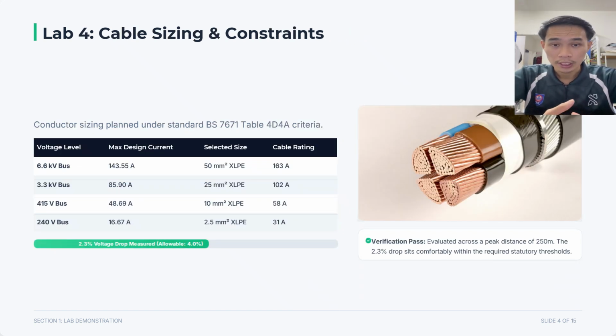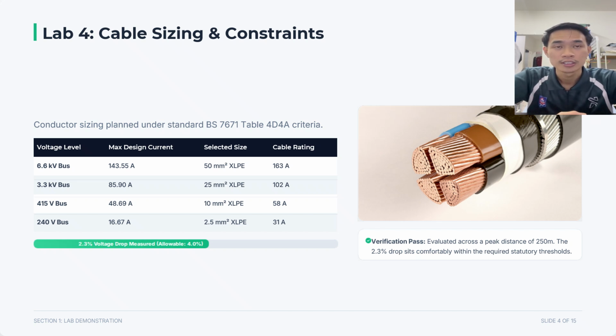Next I will explain Lab 4. In Lab 4 we sized all the cables based on load current and voltage drop requirements. We used the BS 7671 table as our reference standard. The table shows the cable size selected for each voltage level.